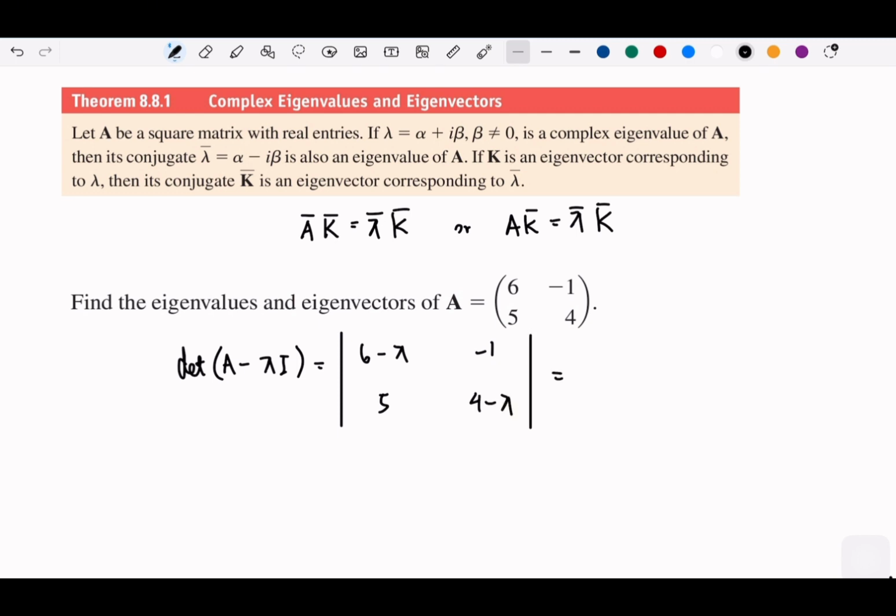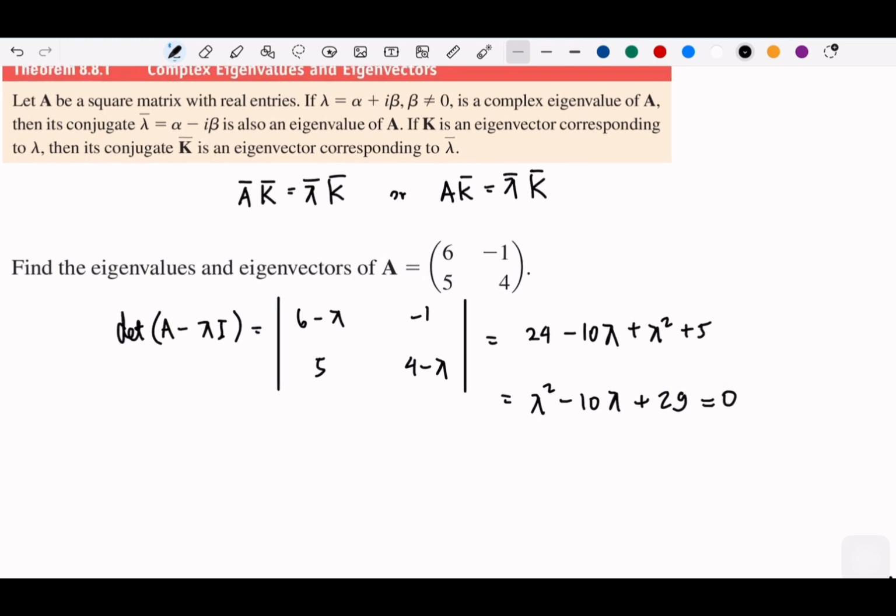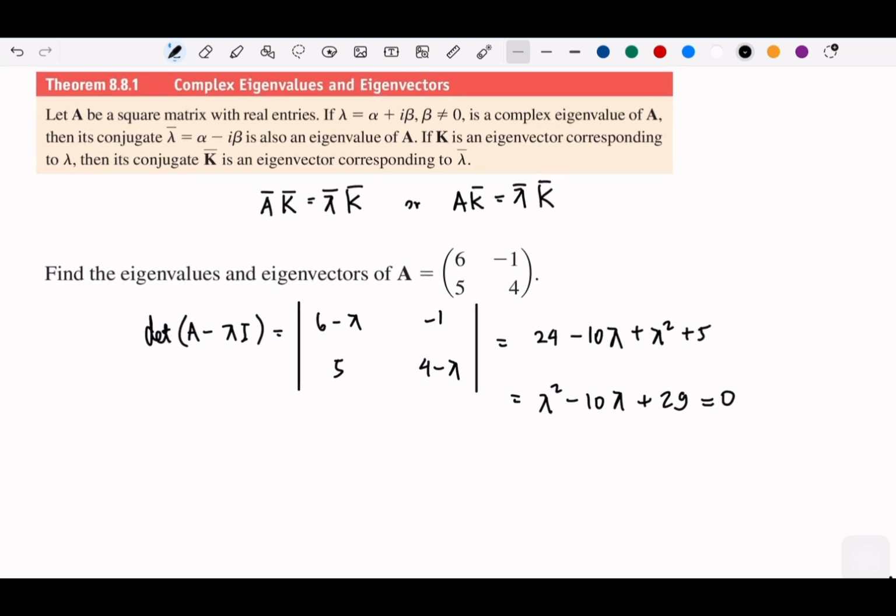Immediately we see that this will be 24 minus 4 lambda minus 6 lambda plus lambda squared plus 5, or lambda squared minus 10 lambda plus 29 equal to 0. You can directly use the quadratic formula, or if you want, you can complete the square.